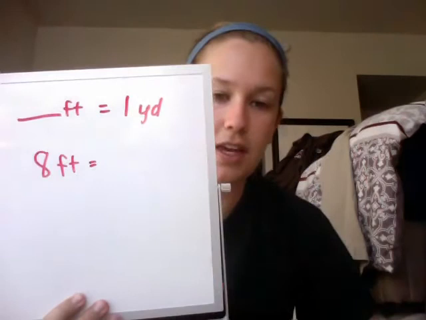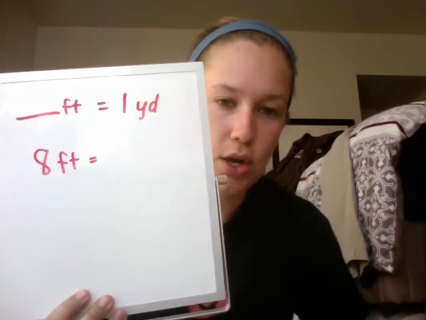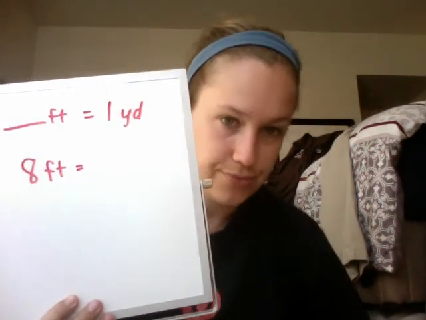First, we need to think, how many feet are in 1 yard? 3, right? 3. Now we know that 8 doesn't go evenly into 3. My language is wrong today. We know that 8 divided by 3 does not come out perfectly evenly. There would be a remainder.